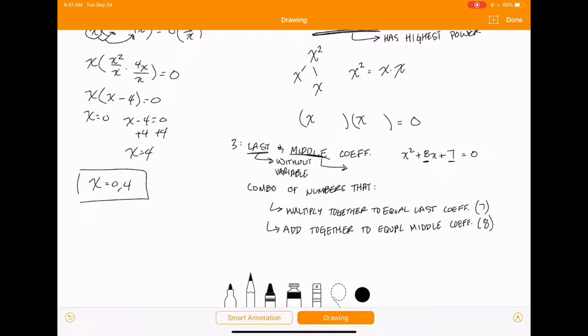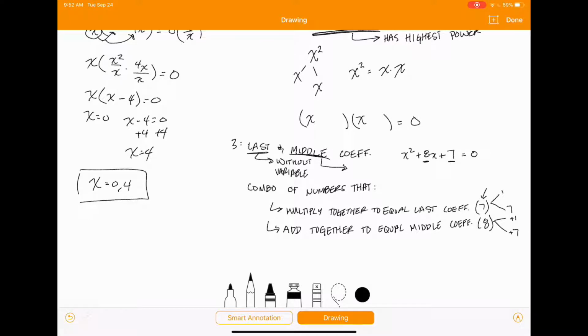All right. So for numbers that multiply, there aren't very many numbers that multiply together to equal 7. So that's going to be pretty simple. The only ones that really work are 1 and 7. These numbers also need to add up to equal 8, and we do that by taking a positive 1 and a positive 7.